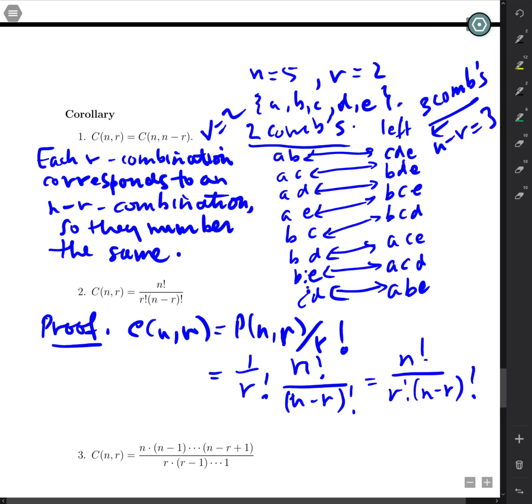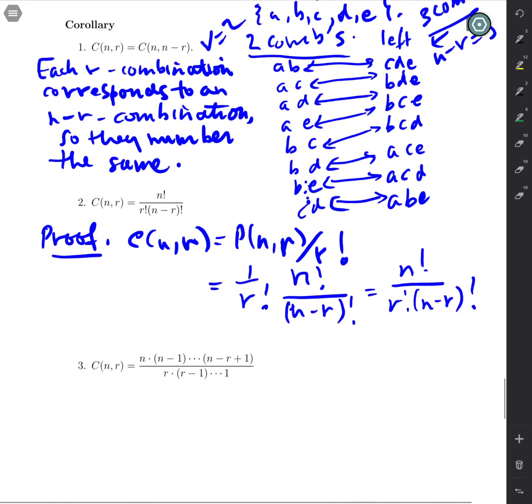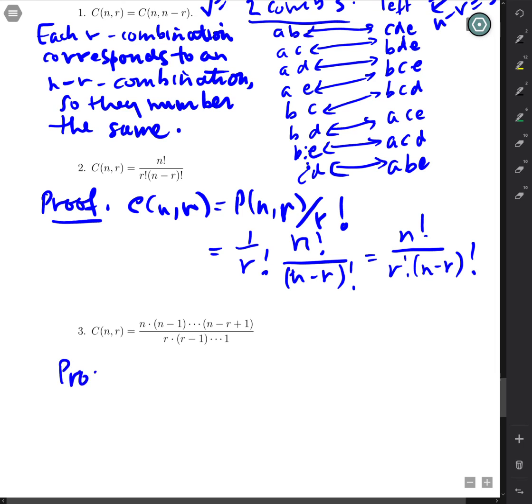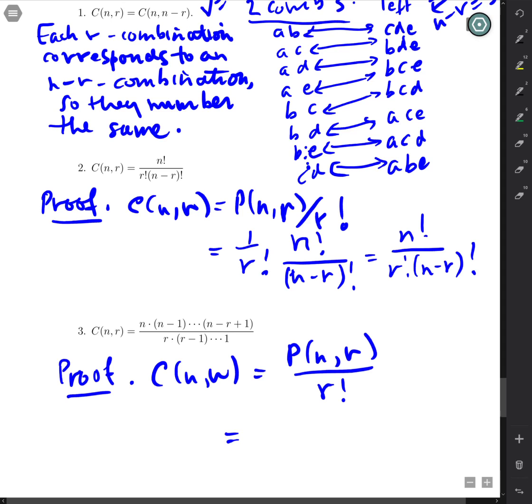Now, it's just as easy to get the last one here, so I'm going to write that down because we also have the proof that C(n, r) is equal to P(n, r) over r factorial again, but we have a formula for P(n, r) as n times n minus 1 through n minus r plus 1.